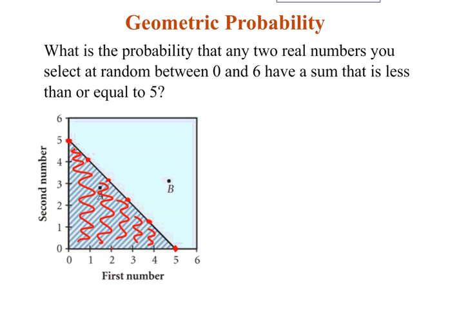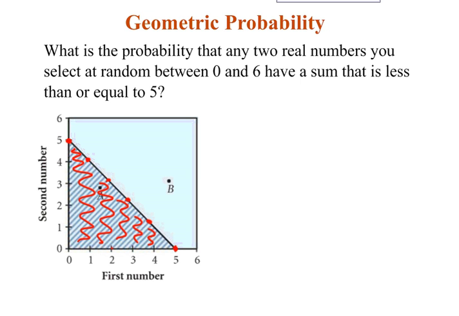So we are being asked to find the probability of picking two numbers between 0 and 6 that have a sum equal to or less than 5. Well, we've explained that the triangle in the graph is comprised of numbers that have a sum equal to 5 or less than 5.